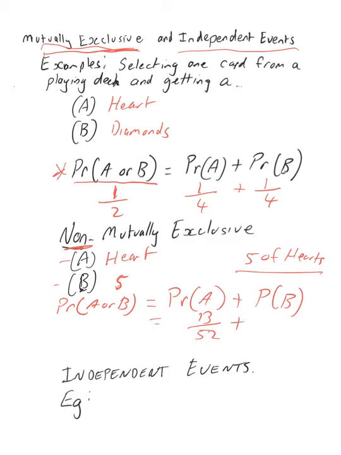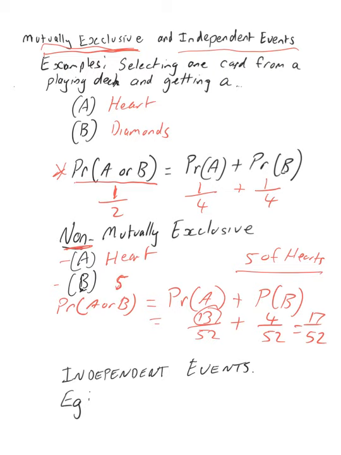And there are 4 cards with 5 on it, and so that would come to 4 out of 52, so that's 17 out of 52. But we know that in reality, one of those cards we're counting here is the 5 of hearts.